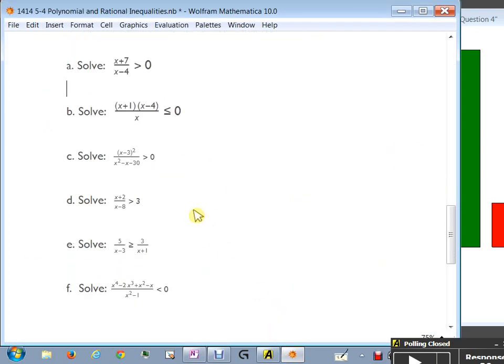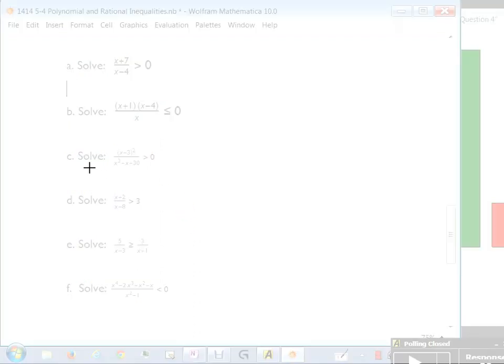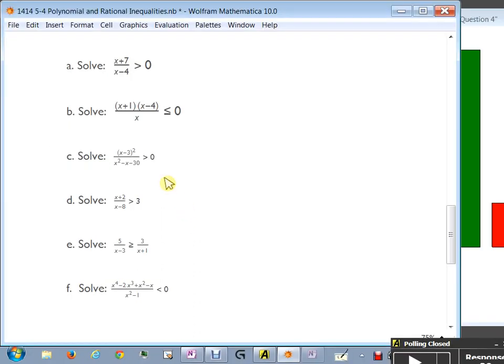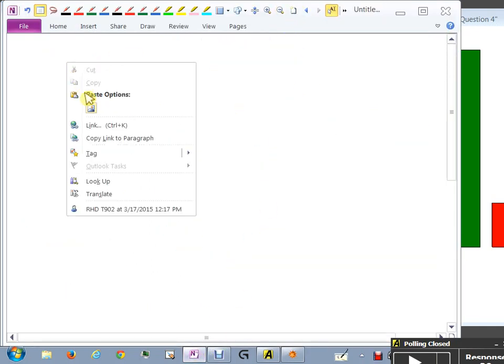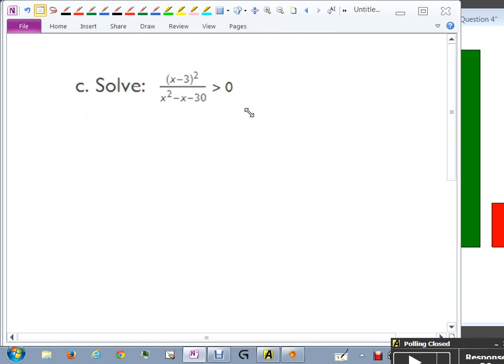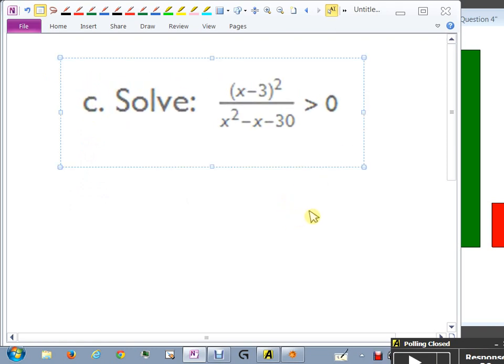All right, let's look at, man, I have a lot of these. Let's look at C. Do we have a rational inequality? Yes? Does everything move to one side with 0 on the other? The left side's one big fraction?